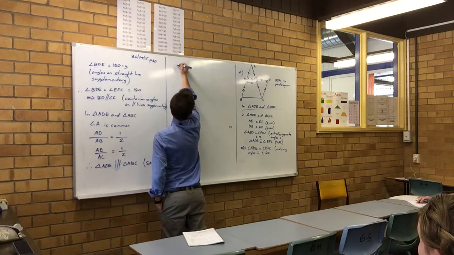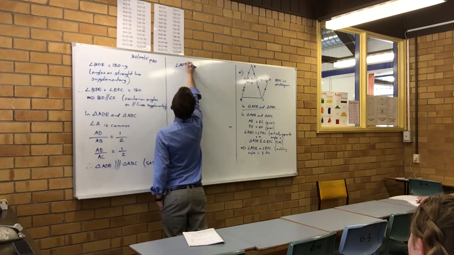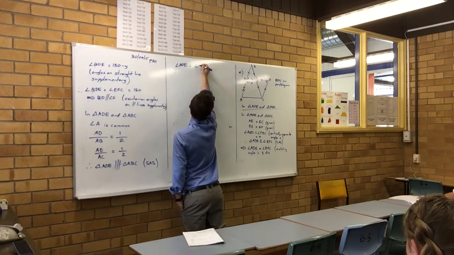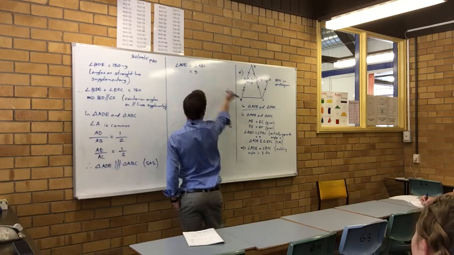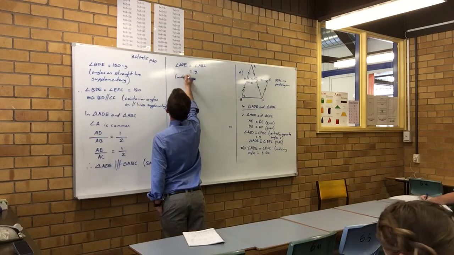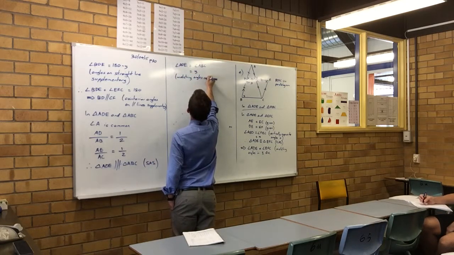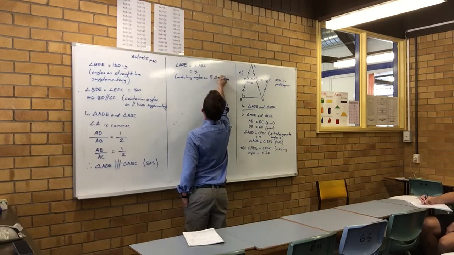Alright, so therefore, angle ADE is going to match the bottom one here, angle ABC, which is Y. Right, the reason: matching angles on the similar triangle.